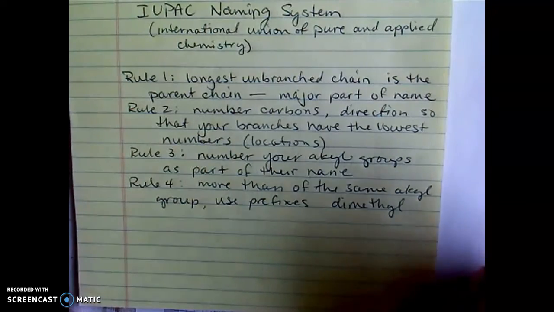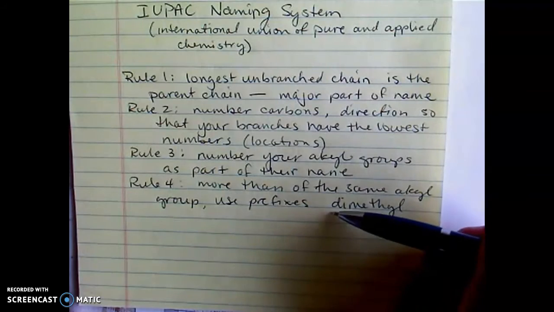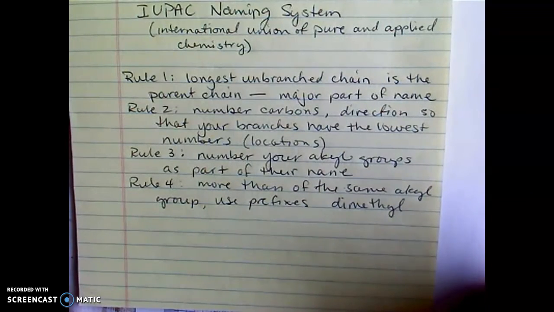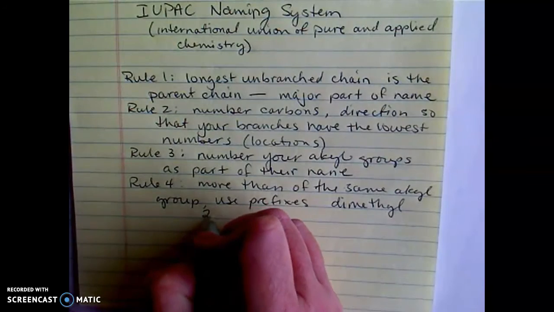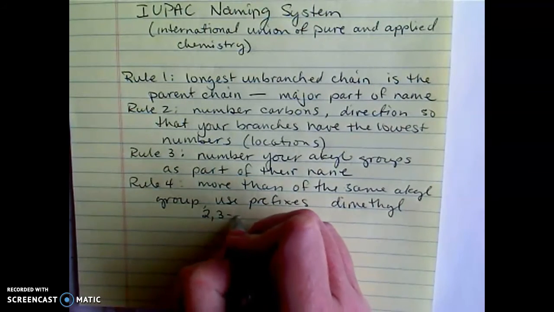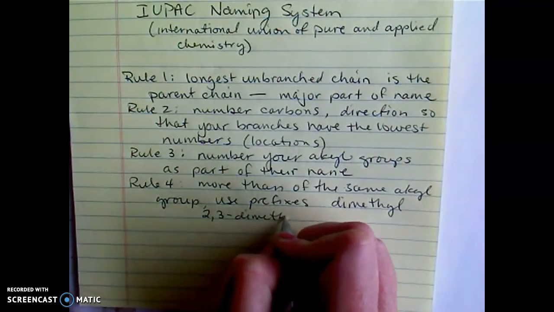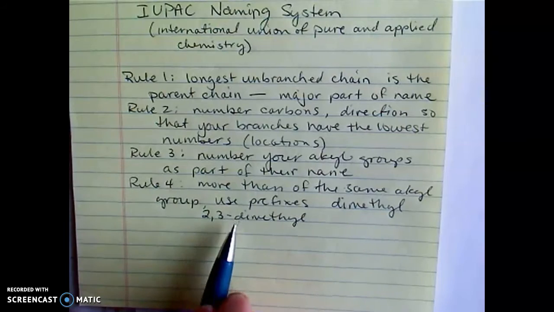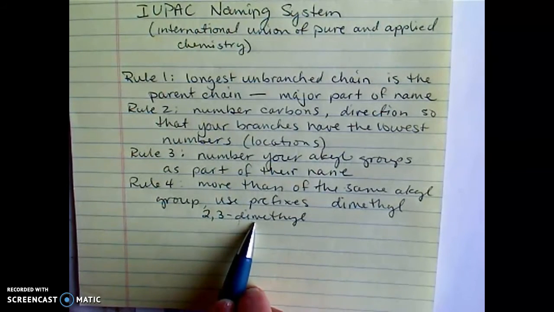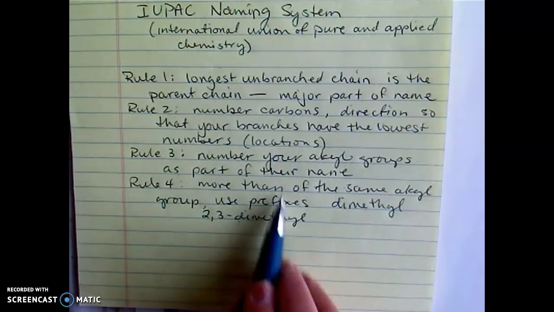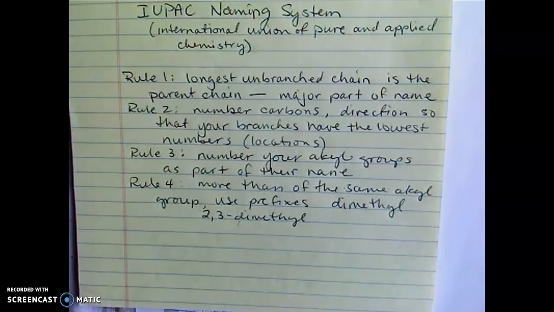But you still have to use rule number 3. Where are those 2 methyl groups? So you might have something that goes like 2,3-dimethyl. Then it's telling you you have 2 methyl groups, one on carbon 2 and one on carbon 3. So you're going to use your prefixes. These are the same prefixes that we used in organic chemistry.